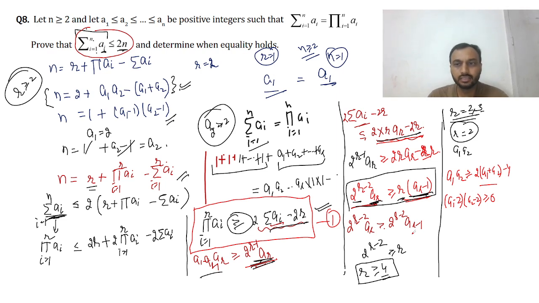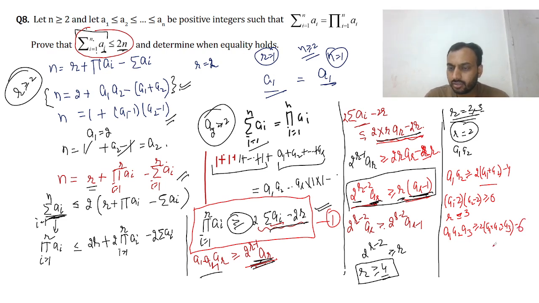Then we have the last thing, r equal to 3. So in r equal to 3 we have a1 a2 a3 greater than equal to twice of a1 plus a2 plus a3 minus 2r, that is 6.